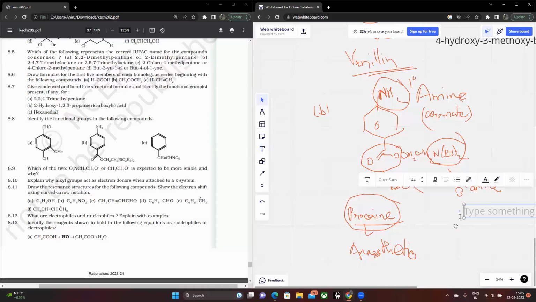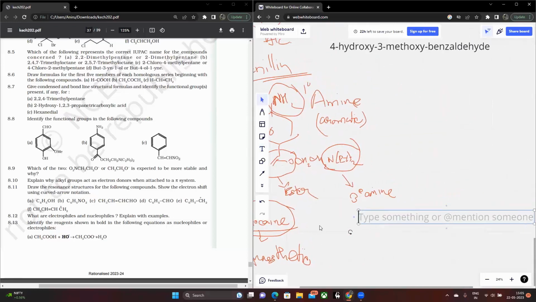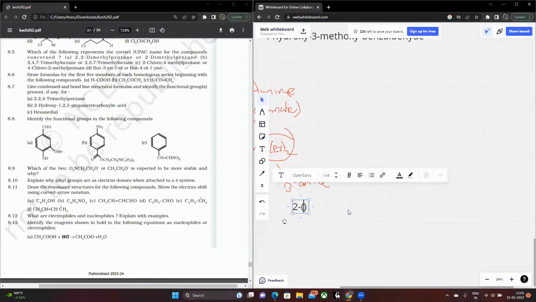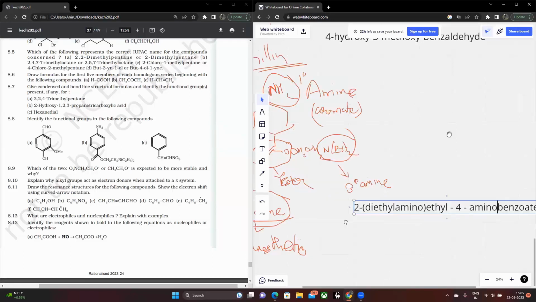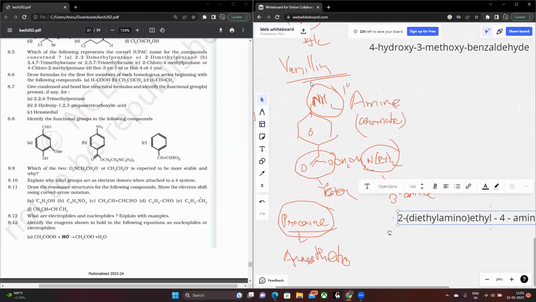And it has the name, in brackets, 2-diethylaminoethyl 4-aminobenzoate, right? The ester takes precedence over the amine. So it's a 4-aminobenzoate at first. And then you have whatever this compound is, that is N,N-diethyl or 2-diethylaminoethyl, right?